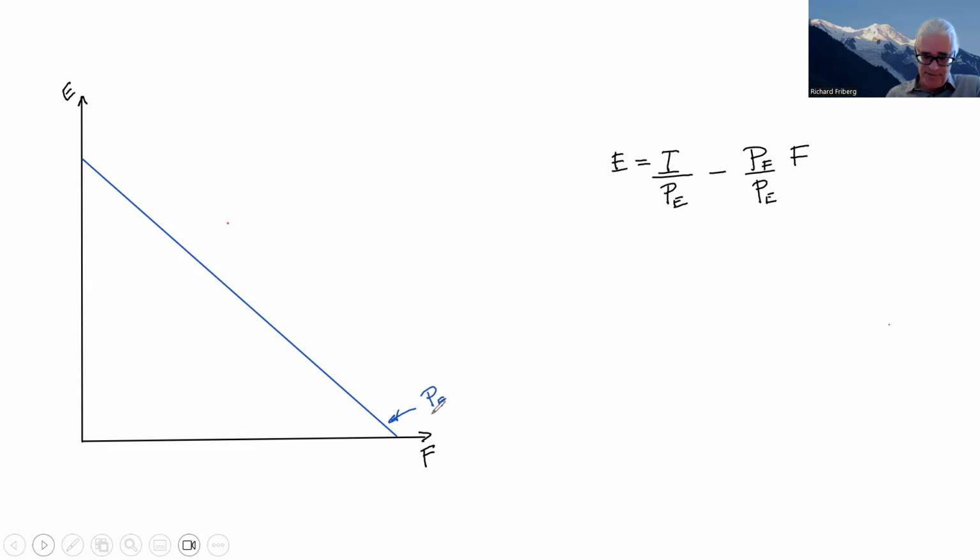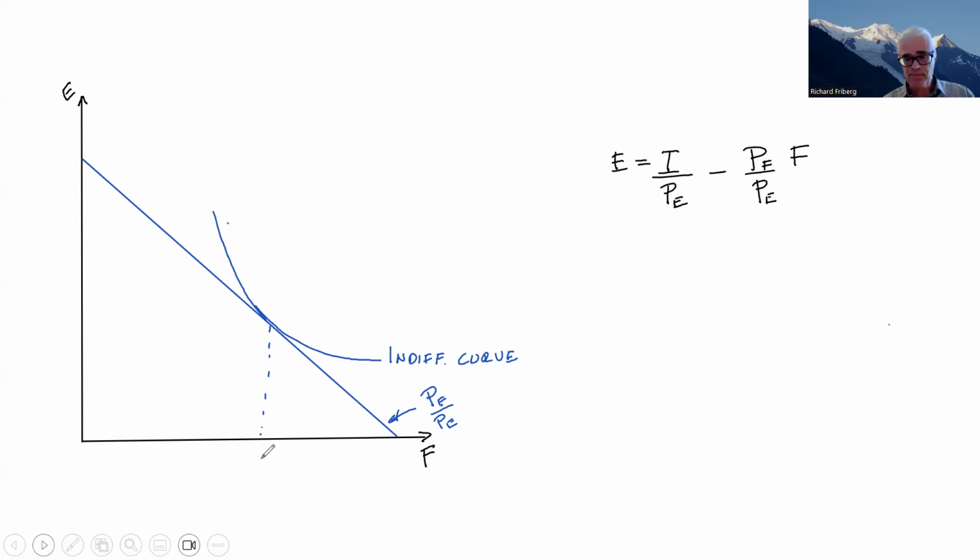PF over PE is the slope of that, or minus PF over PE. There's going to be an indifference curve, this curve like so. And given the income, given the prices, given the preferences as represented by the indifference curve, this individual will choose to consume this much F.